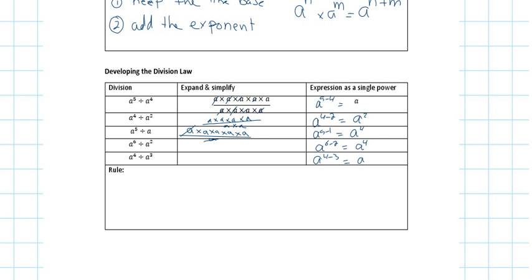So if I have the same base and I'm dividing them, I subtract the exponent. Are you guys okay with that? So again, the rule would be keep the same base, or the like base, and subtract the exponent.